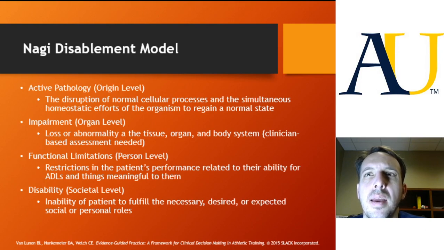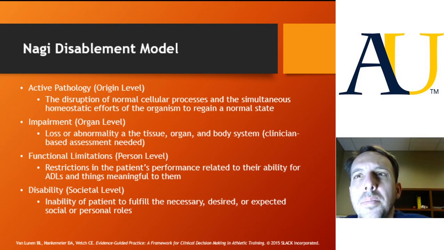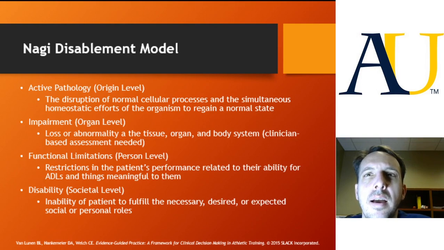The impairment then is what can they not do because of the abnormality of that tissue, right? And so this is our typical clinician-based assessment that we start to provide care for, this idea that we'll have range of motion deficits, strength deficits, neuromuscular control deficits.